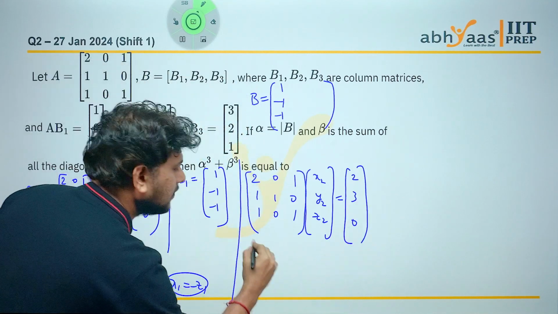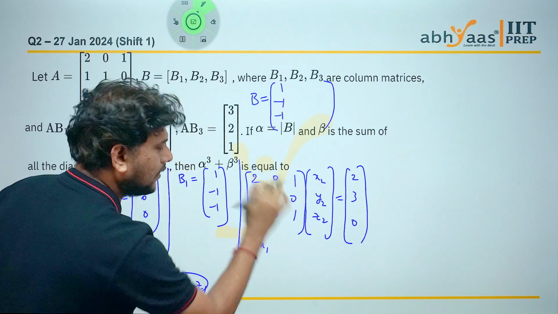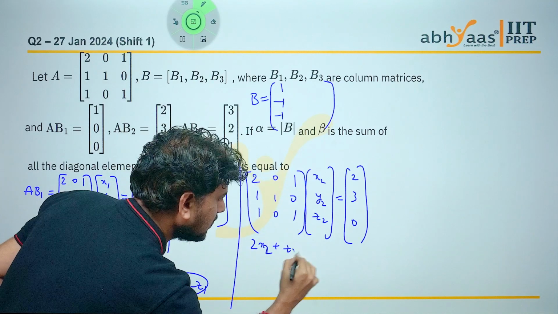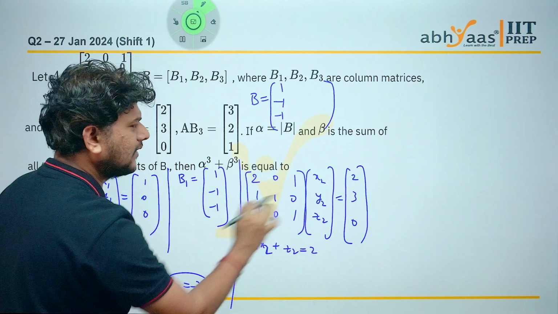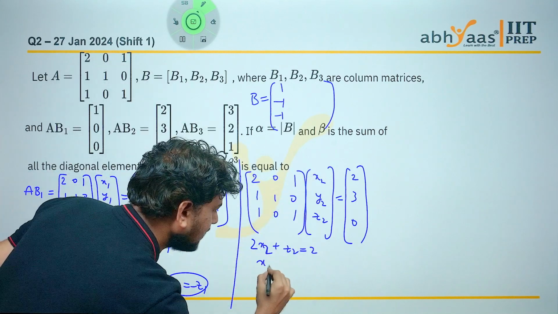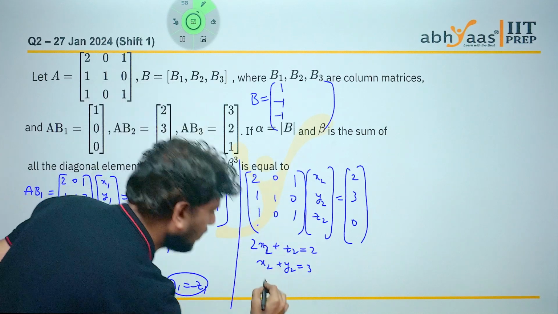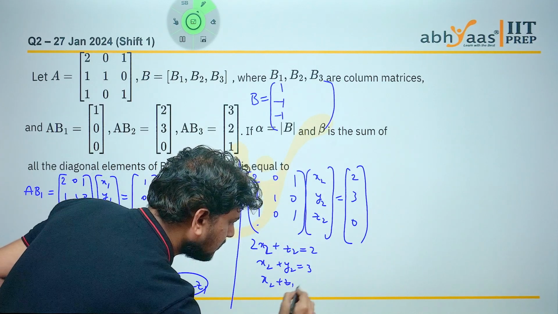Now similarly, multiplying, 2x2 plus z2 is equal to 2, then x2 plus y2 is equal to 3, and x2 plus z2 equals 0.